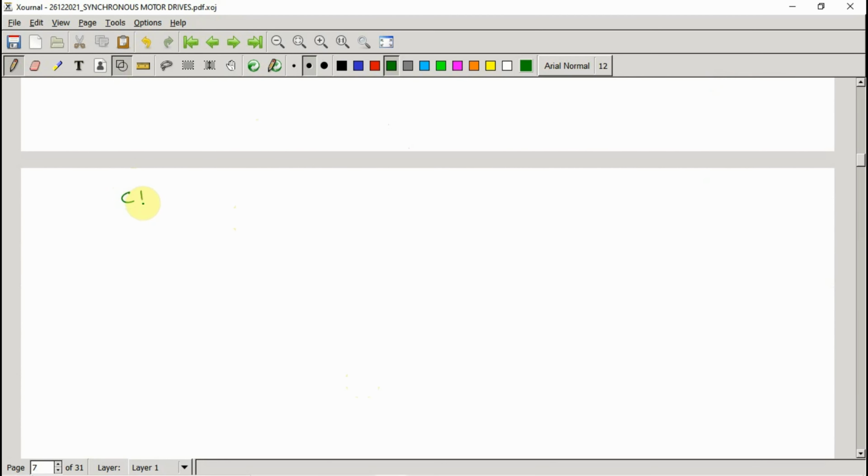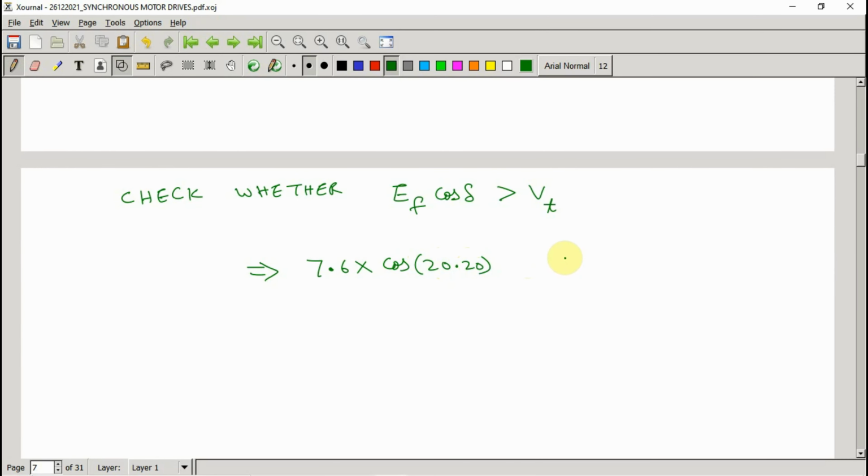You have to check whether EF cos delta is greater than VT or not. EF is 7.6 kilovolt, cos delta, that means cos of 20.20. And VT is 6.35 kilovolt. I am not writing the kilovolt factor.